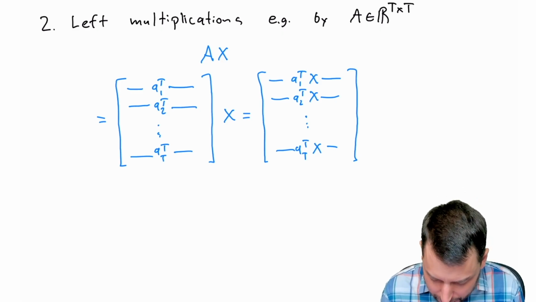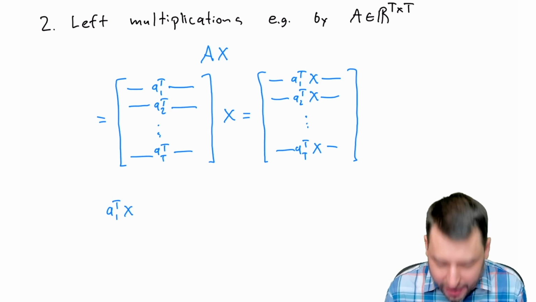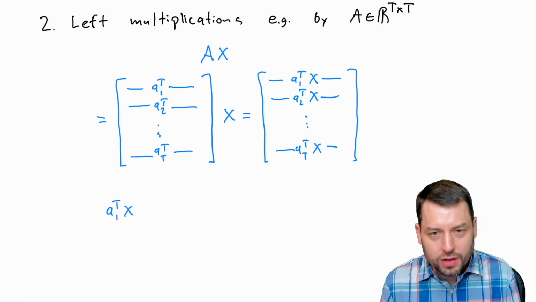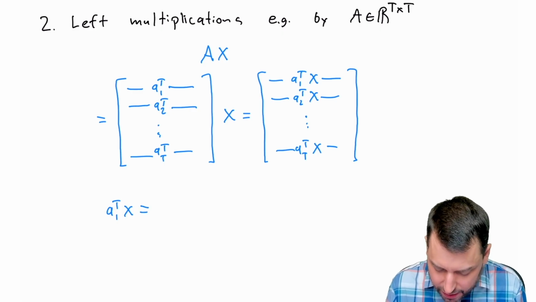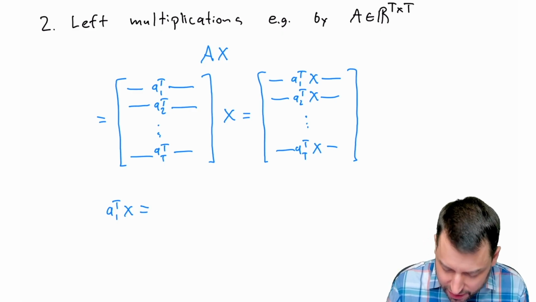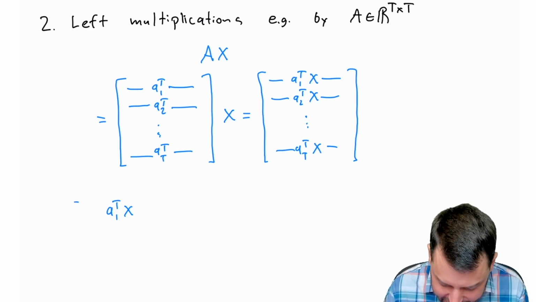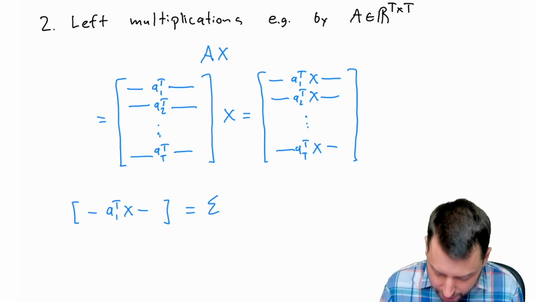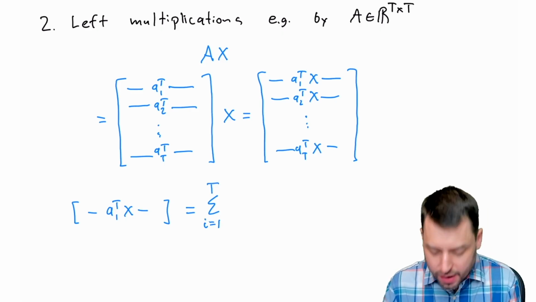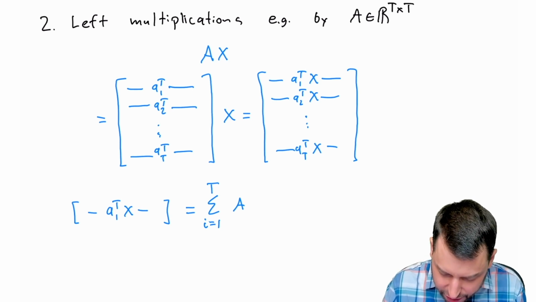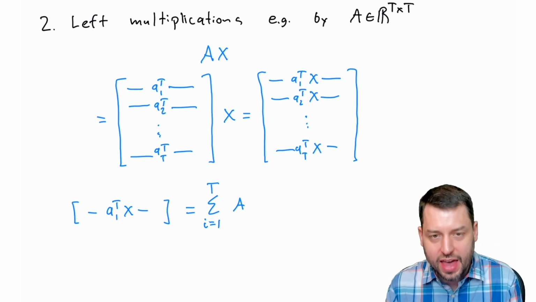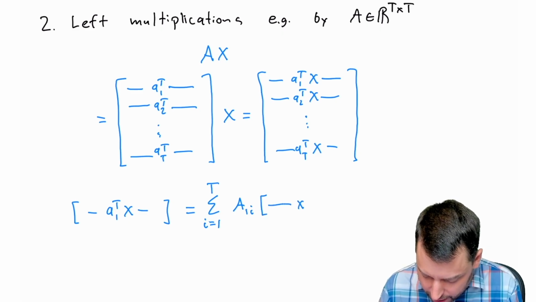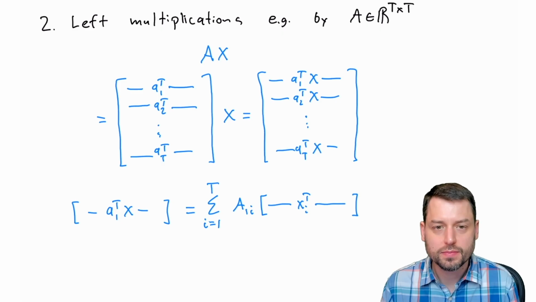Remember, A transpose times X is a linear combination of the rows of X according to the coefficients of A. So this thing, which I'm writing as a row vector, is equal to the sum from i equals 1 to t of A row 1, column i times the vector x_i transpose.